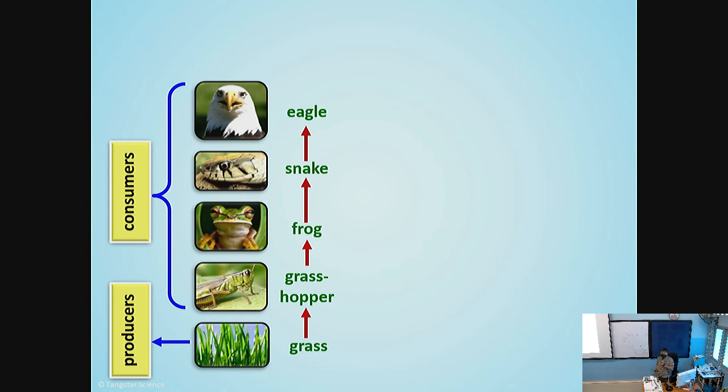Okay, how many producers do we have in the picture? How many consumers? Four. Which one is the tertiary consumer in the picture? Which one is the primary producer?